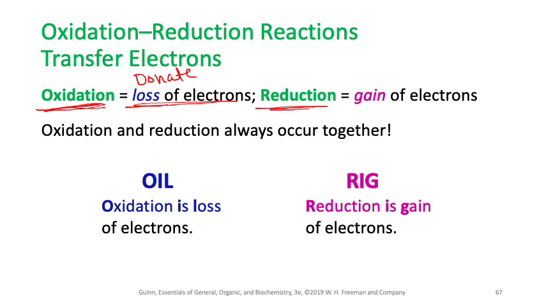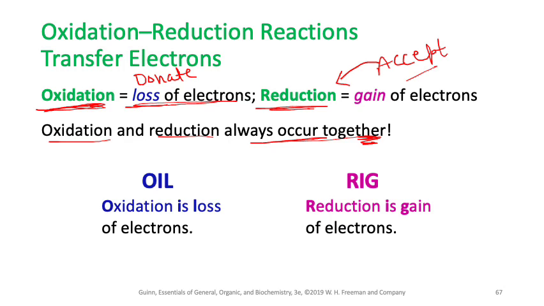Reduction is a process where you gain electrons or accept electrons that are being donated by the oxidation. So oxidation and reduction reactions always occur together. There is no way you can get a reduction reaction without an oxidation reaction.